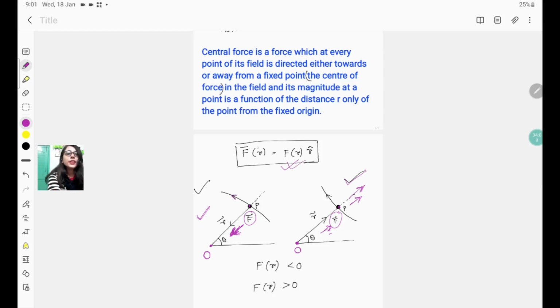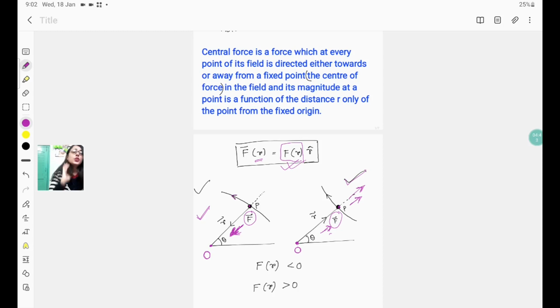That's why I have written here F vector as a function of r is equal to F as a function of r times r cap. That is, this force is only dependent on r. What is r? r is basically the distance between the center of force, that is O, and the particle on which this force is acting. OP is basically the r vector, that is the position vector of the particle from the fixed point or from the center of force.